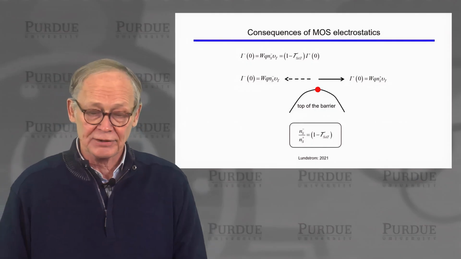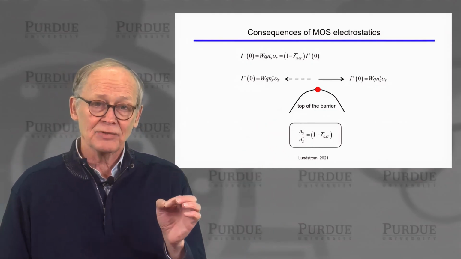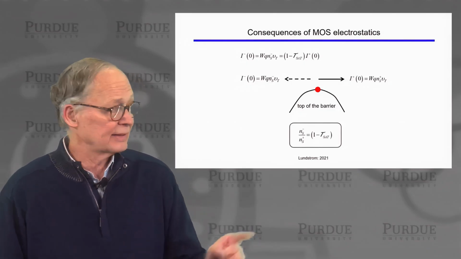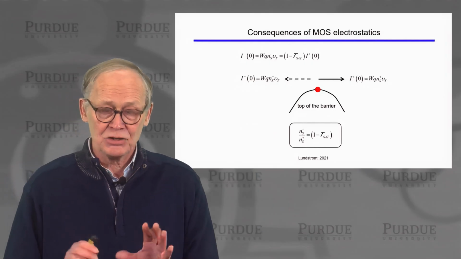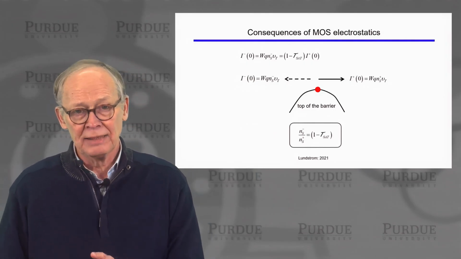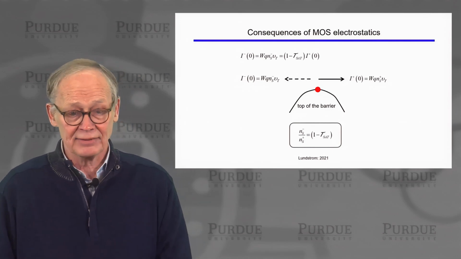Well, we can put these together and we can deduce that the ratio of the number of electrons with negative velocities to the number of electrons with positive velocities is simply 1 minus the transmission. Okay, so that's what scattering does. It gives us a relation between the number of electrons with positive velocities and the number of electrons with negative velocities.